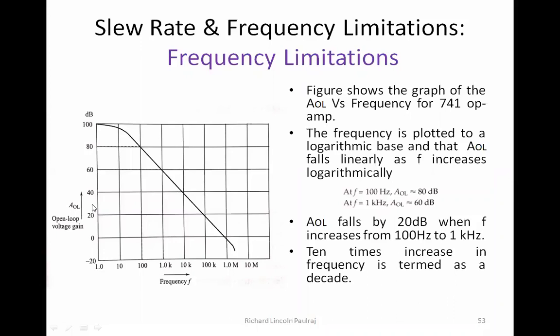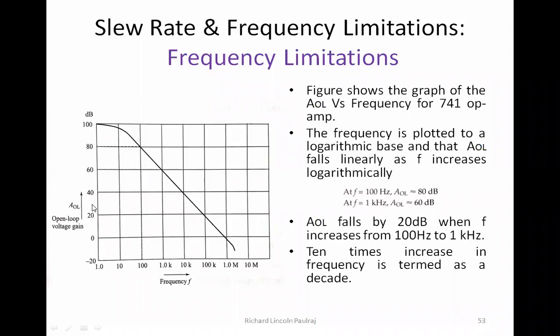So how is open loop gain calculated? Just to cross check if you have understood the previous concept. How is AOL calculated? Open loop gain. Output by input, right? But is the load considered or not?